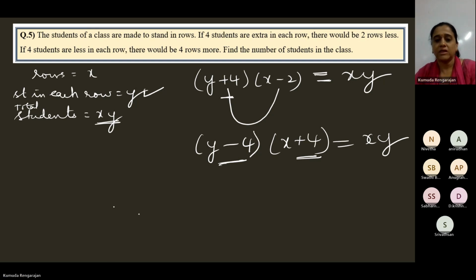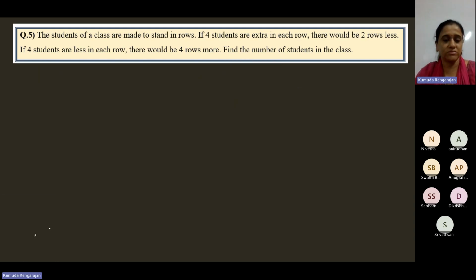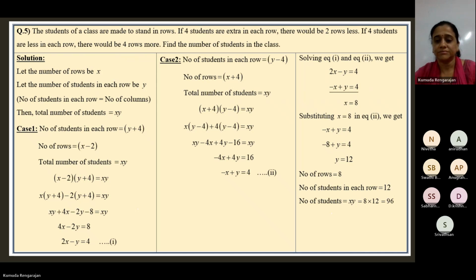Expanding by standard multiplication, the terms give XY minus 2Y plus 4X minus 8 is equal to XY.